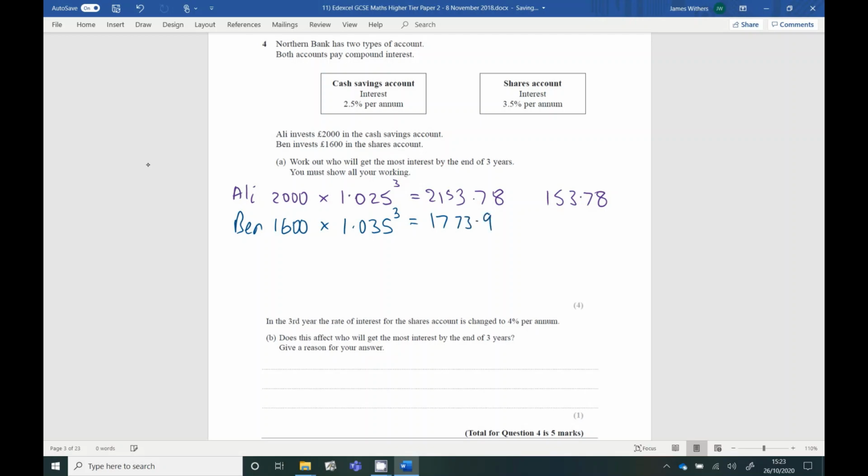So that's the total amount Ben had after the 3 years, including the money he invested. So the actual interest he earned is the difference between the two, which is going to be £173.95. So clearly we can see that Ben's got more interest. So what does the question say? Work out who will get the most interest by the end of 3 years. So Ben gets the most interest.